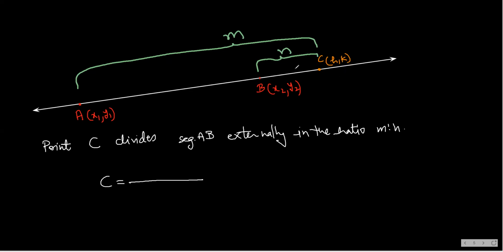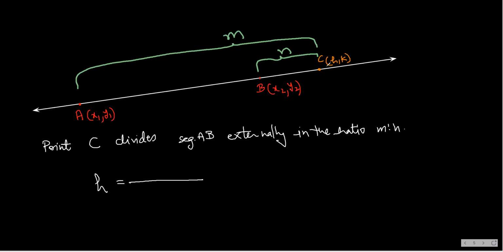So the formula is always written for the coordinates of the point which is dividing. The point of division is C. So I will write the formula for h and k. So h equals, now see, C is dividing AB.